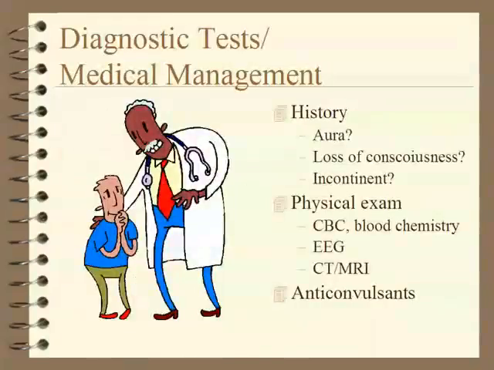Thinking about if we have a child presenting with a seizure, what are some things in history taking that we'd want to ask about? Did the child have an aura? Some people with seizures may report auras. Again, it might be some kind of sensation, a smell, a taste, just a funny feeling that they get immediately preceding that seizure.